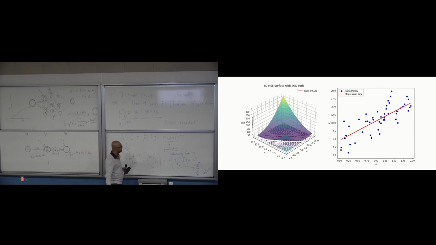This yi hat is exactly the yi hat in the regression problem, and that's my predicted value of yi corresponding to the input xi. Is that setup clear to everyone? Any questions? No? All right.